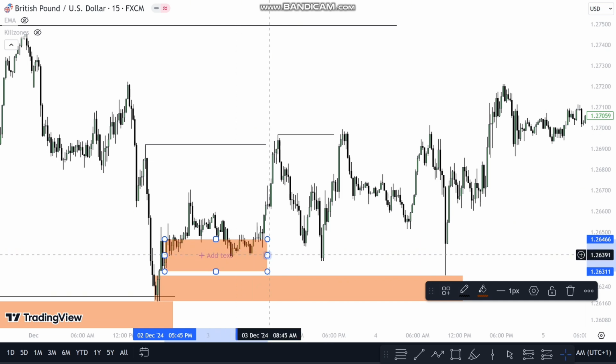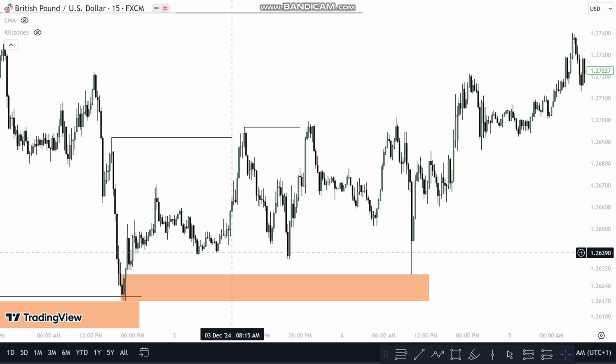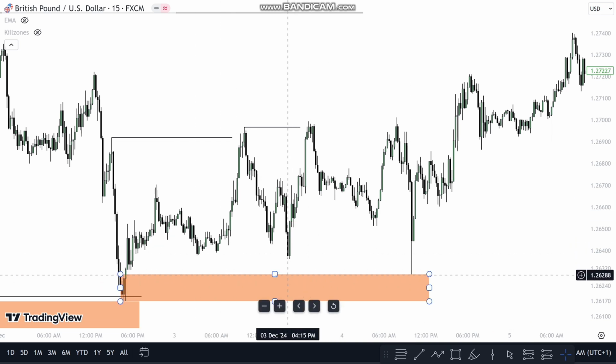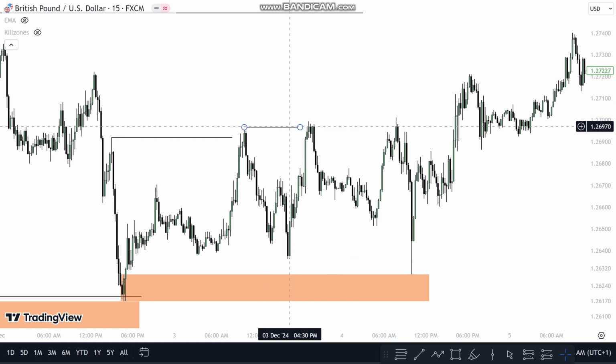So there is no clear zone for us to buy from here, unless the market gives us a new high, then we'll look for a new range to plot out our demand area. So that is why there will not be any trade around this region until price pushes back up and breaks structure, of which you can see price pushed back up and broke structure.